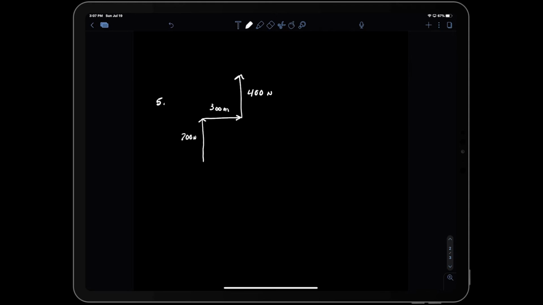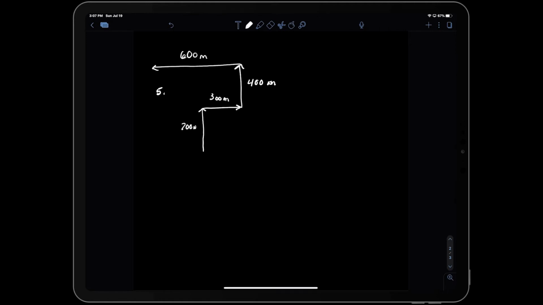And then we go 600 meters west. And then 1,200 meters. Ooh. So we have something like this, because we have 7, 4, that's 1,100. So 1,200 would be just past this.